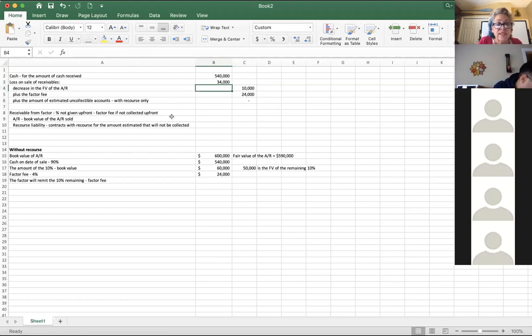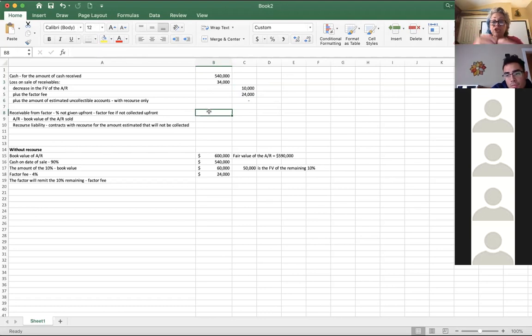Now my receivable from my factor: they said that they were going to remit the fair value of the remaining 10%, which is the 50,000. Now, has the buyer gotten their factor fee?